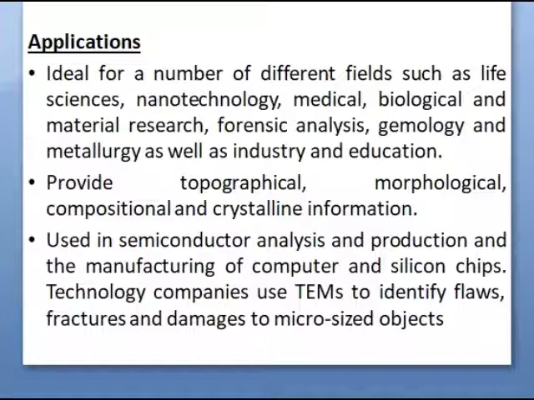This also provides topographical, morphological, compositional, and crystalline information. This is also used in semiconductor analysis and production and manufacturing of computer and silicon chips. Technology companies use TEM, that is transmission electron microscope, to identify flaws, fractures, and damages to micro-sized objects.